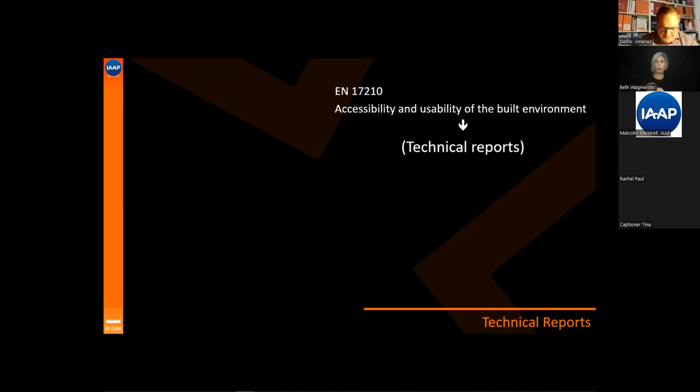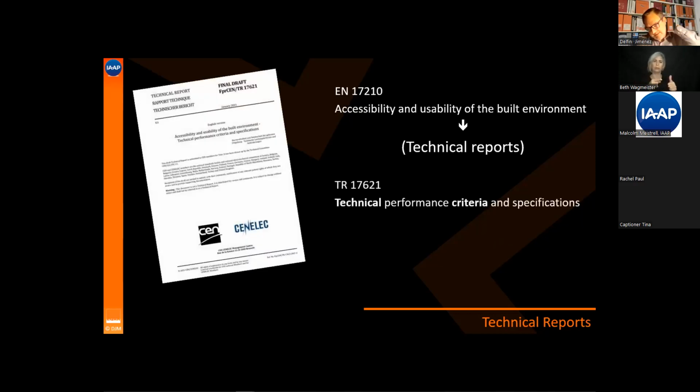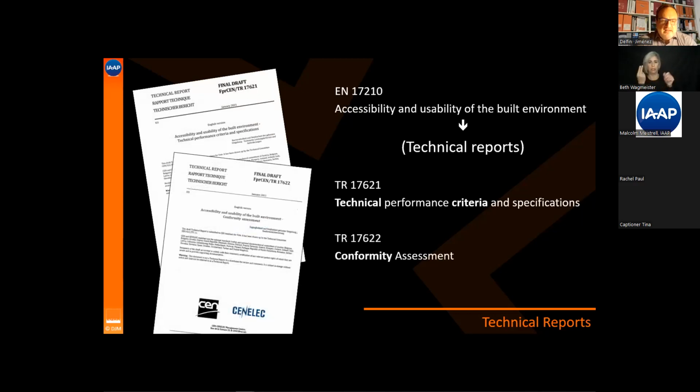Also, in this standard, there are 2 technical reports. They are different documents, but they are associated, complementary to the main document. The first one is the TR 7621, technical performance criteria and specifications. And the other one is the TR 17622 about the conformity assessment.